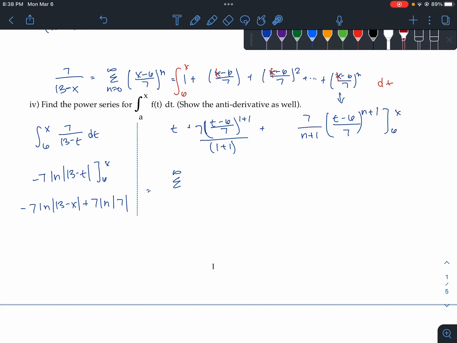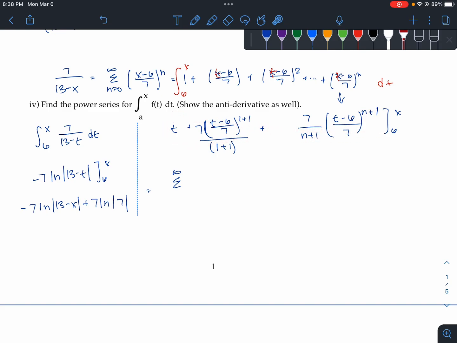Now we'd plug in our x here and here, for every term, and then when I plug in my 6, note that it will all go away. So this would go away, this will go away. The only term that it's not going to go away for is this one right here, but you don't have to worry about that because I talked about it at the very beginning whenever I first introduced this.